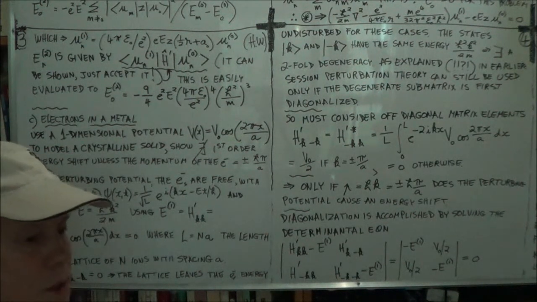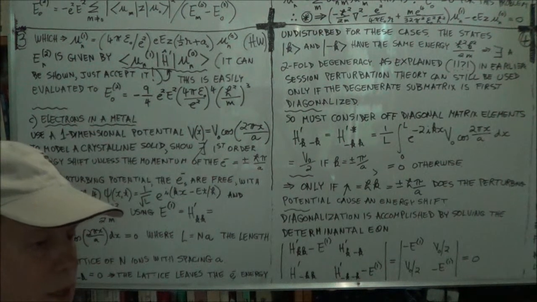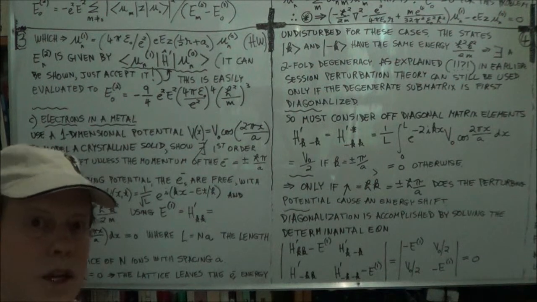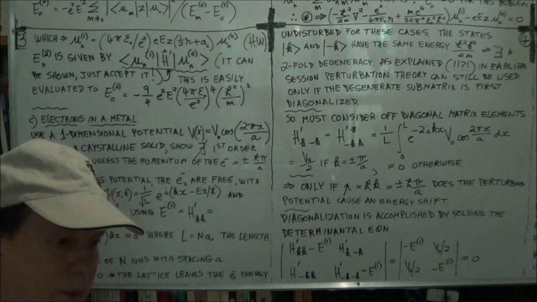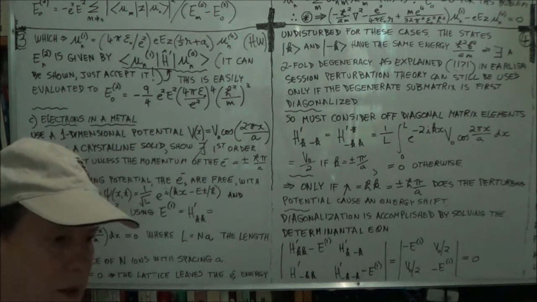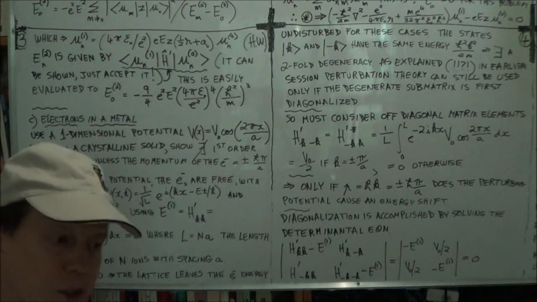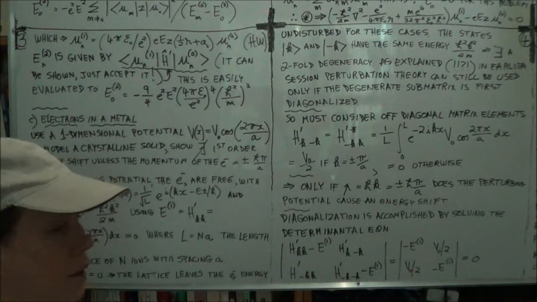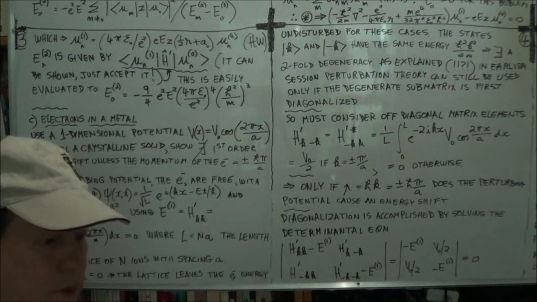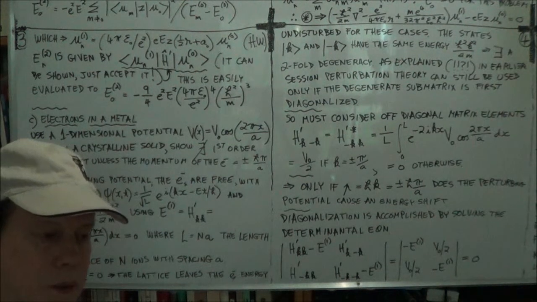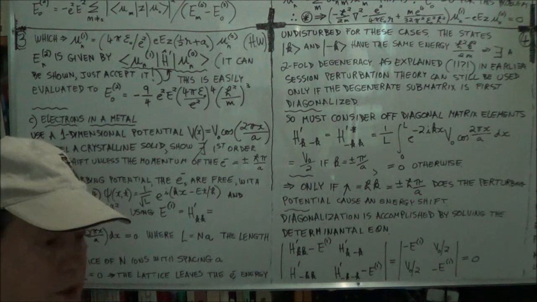If you have an eigen equation, or let's just say an ordinary eigenvalue type equation, you have the usual form: some operator times a function equals a constant times a function. Now, to solve that, you solve it by using a determinant.